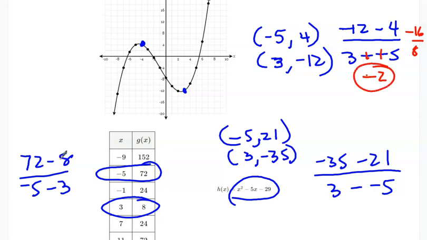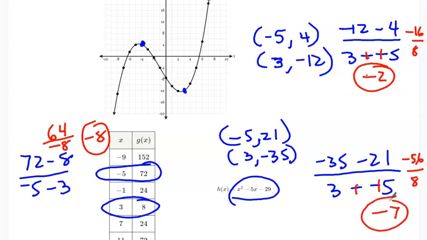This one over here is going to be 64 over -8, which is -8. And this one's going to be -56 over 8, which is -7. Alright, so we've got -2, -8, -7.